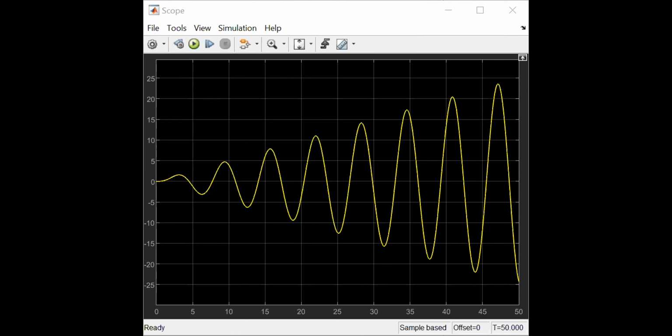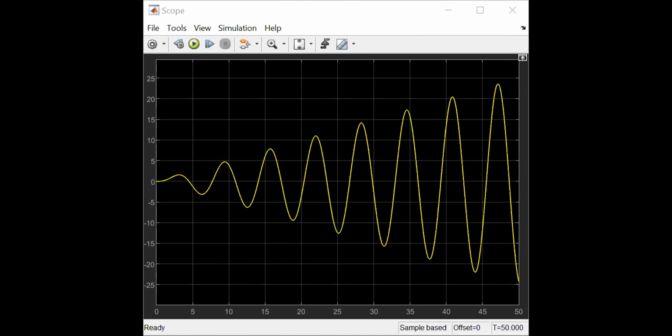First and foremost, please note the 1. This is 1. As time goes beyond 10, 15, 20, 25, 30, 35, 40, the system output is equal to the input. Our input is 1. So after say 10 seconds, the system output became equal to the system input.